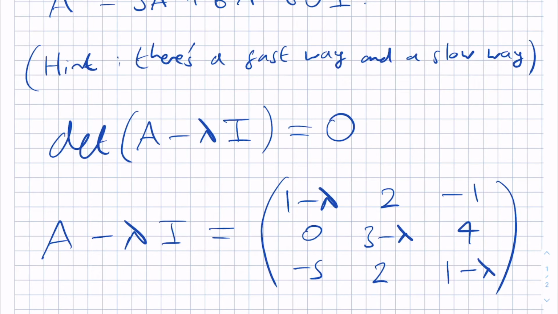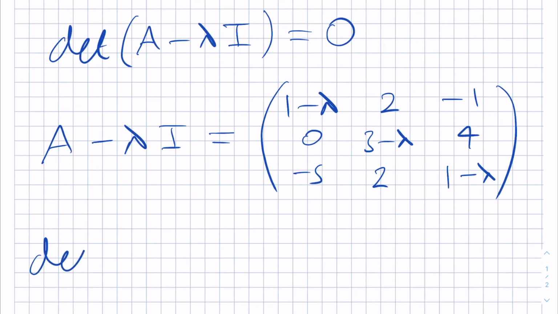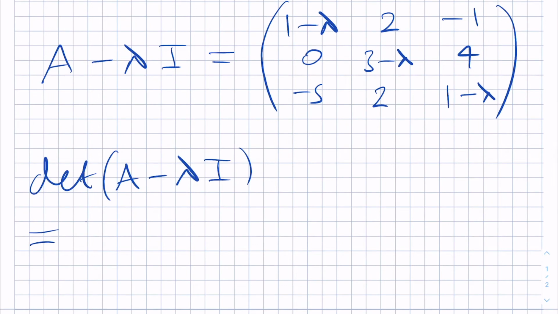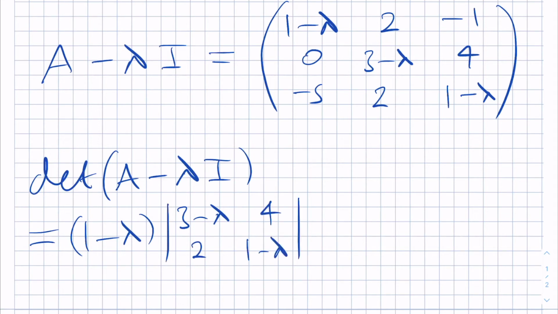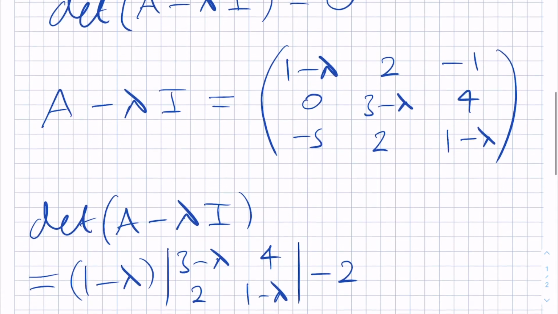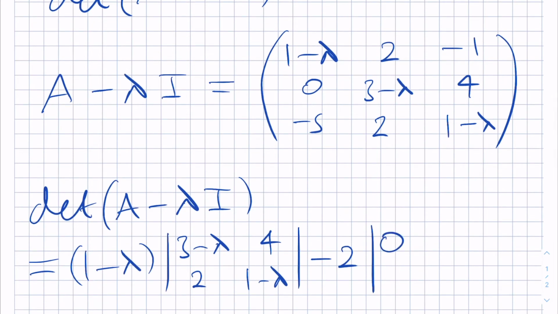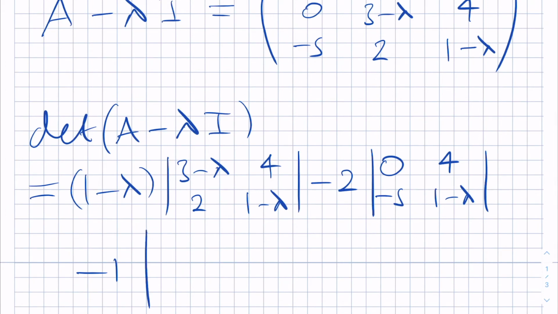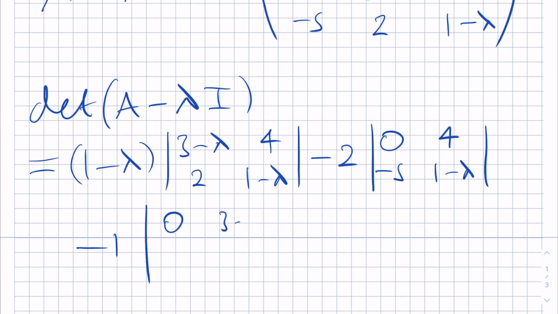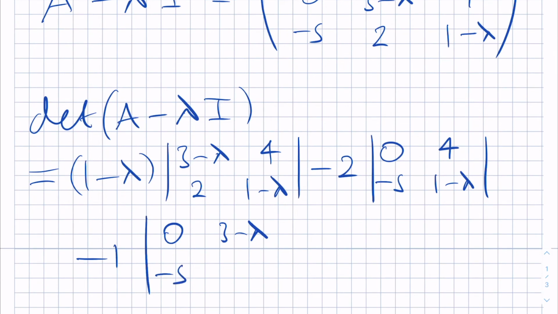If we then take the determinant of this matrix, then we will get determinant of A minus lambda I is equal to the factor 1 minus lambda times the determinant of 3 minus lambda, 4, 2, 1 minus lambda, and then we have a minus 2, and then we have a 0, 4, minus 5, 1 minus lambda, and then finally we have a minus 1 with 0, 3 minus lambda, minus 5, 2.